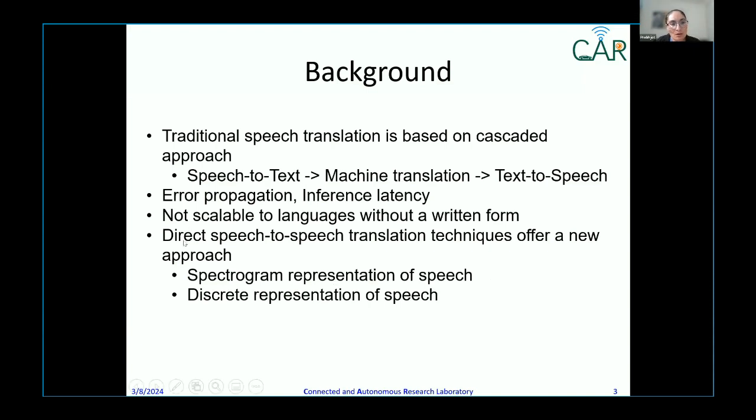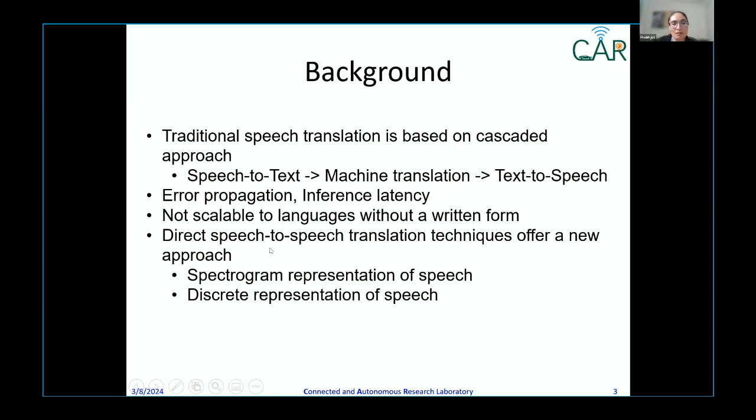That's why they're called direct. Now, there are two separate approaches from the authors of the previous papers that I will be referencing here. This is a newer approach, and the first time it was presented was in 2019.